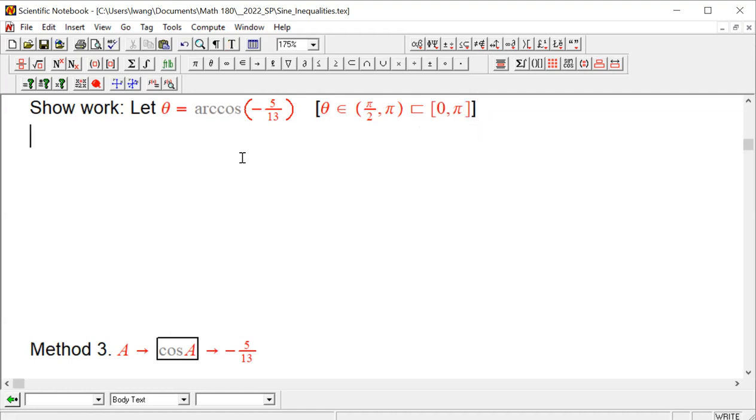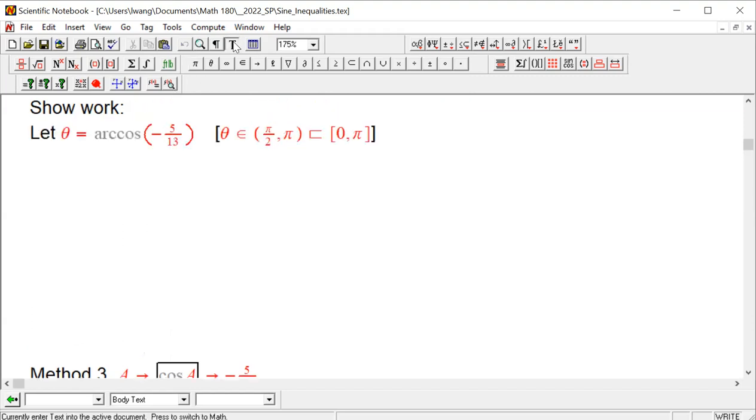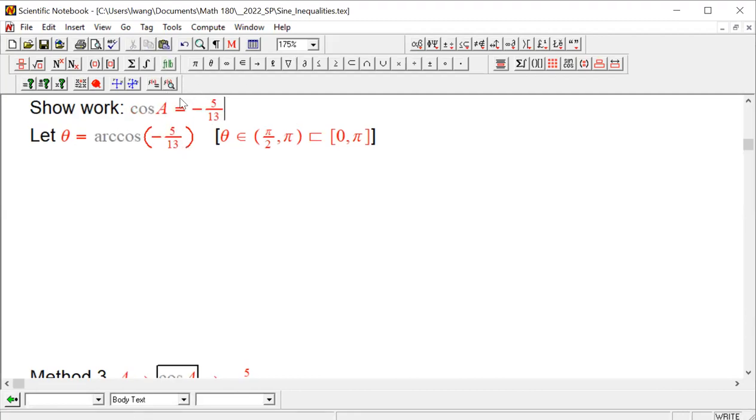When you show your work, you let the theta be written this way, and you just write down your solution. You copy the question, cosine A equals negative 5/13, and your solution is let theta equal that, and A would equal plus or minus theta plus 2k pi.